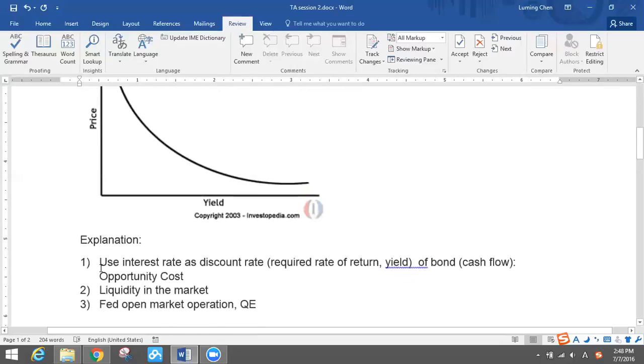Because first, if we use interest rate as the discount rate, or you can call it the required rate of return or the yield of the bond, we can discount the bond coupon payments and the principal repayment on the interest rate as the discount rate.